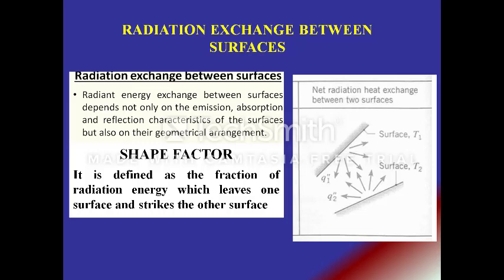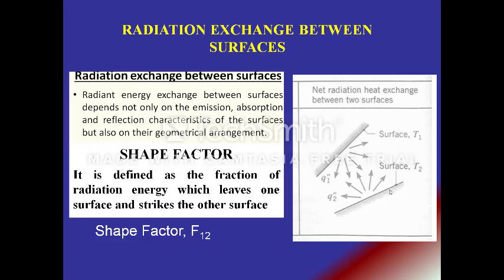Shape factor is defined as the fraction of radiation energy which leaves one surface and strikes the other surface. The notation for a shape factor is capital F. If I say F1 to 2, that is the shape factor which gives the fraction of energy coming from surface 1 and falling on surface 2.